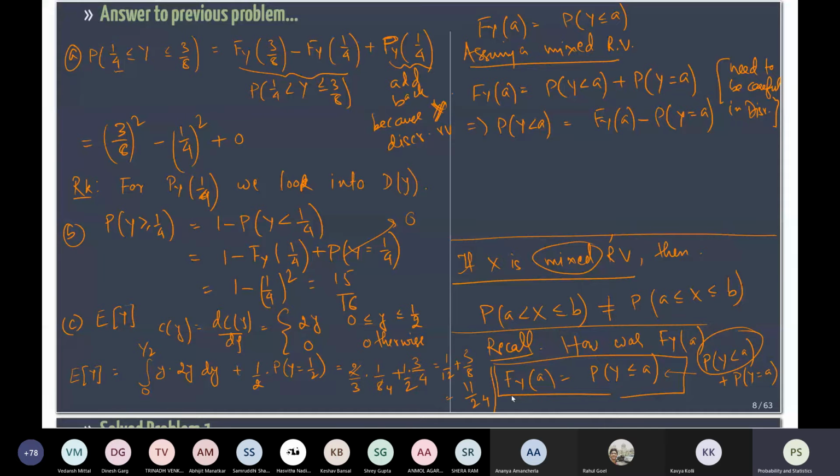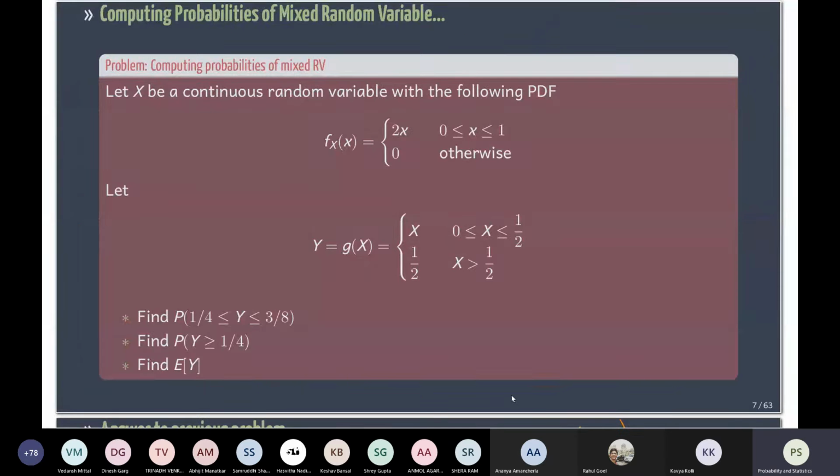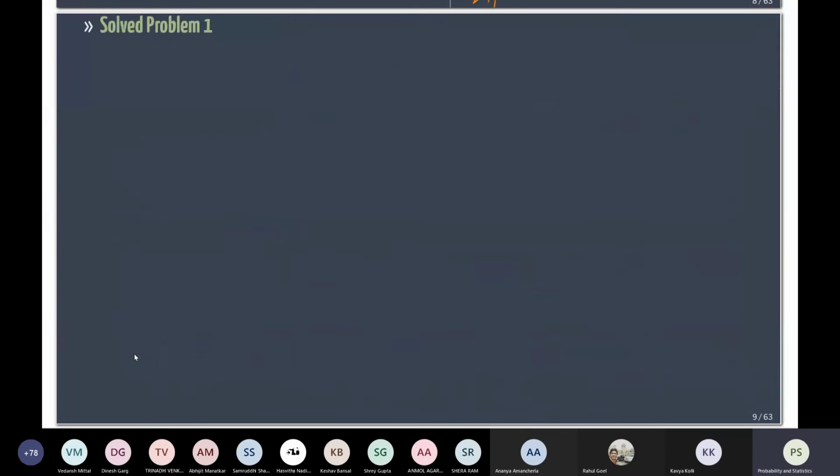So this is how we compute the expectation of a mixed random variable. This is the example that I wanted to do, just to be sure that we have completed all three parts. Okay, so that's done.